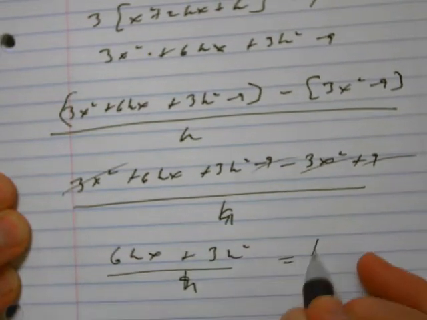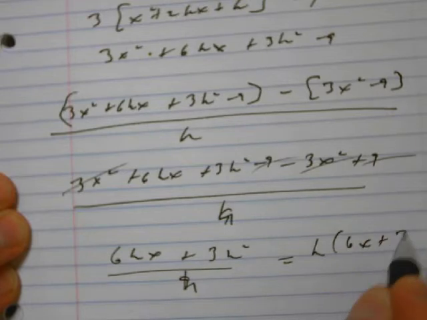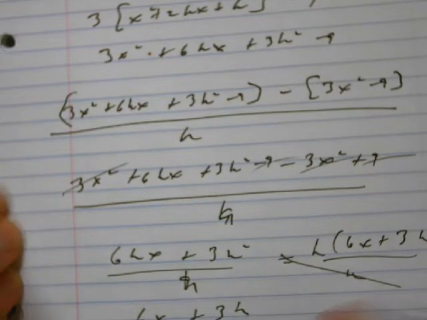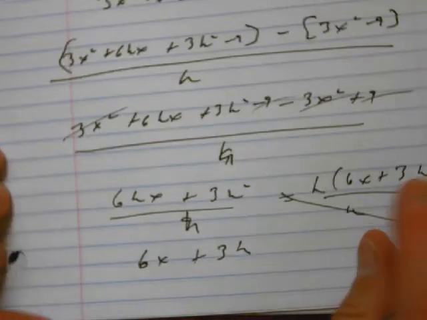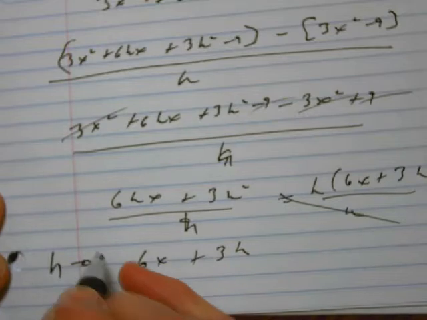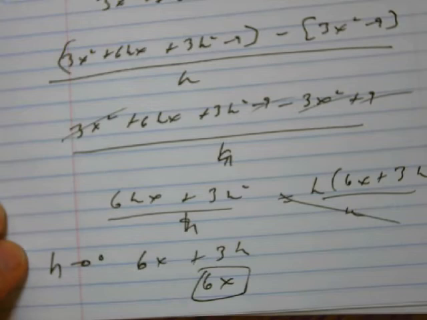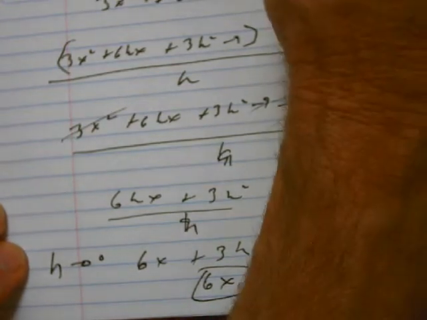Factor out the h, we'll have 6x plus 3h left over divided by h. I'll be left with 6x plus 3h. But as I remember, h is approaching 0, so the only answer to this would be 6x to be my derivative. That would be the slope of the tangent line at any place on this graph.